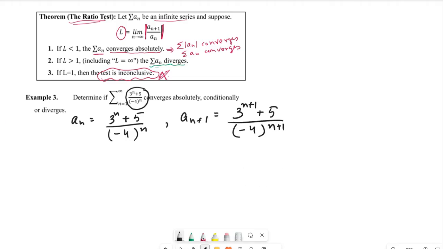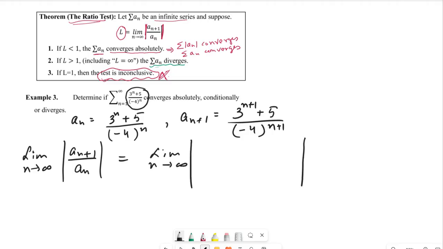Now find the ratio of a_(n+1) divided by a_n. That means the limit as n approaches infinity. What is a_(n+1)? It is (3^(n+1) + 5) divided by (-4)^(n+1), divided by a_n.